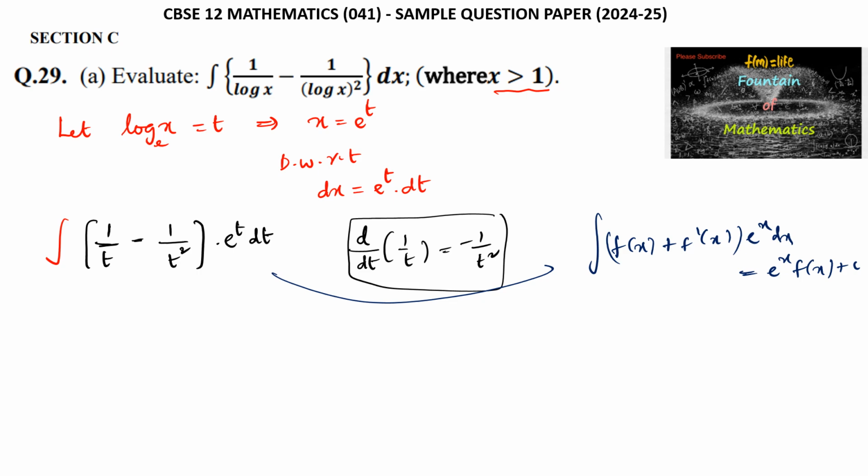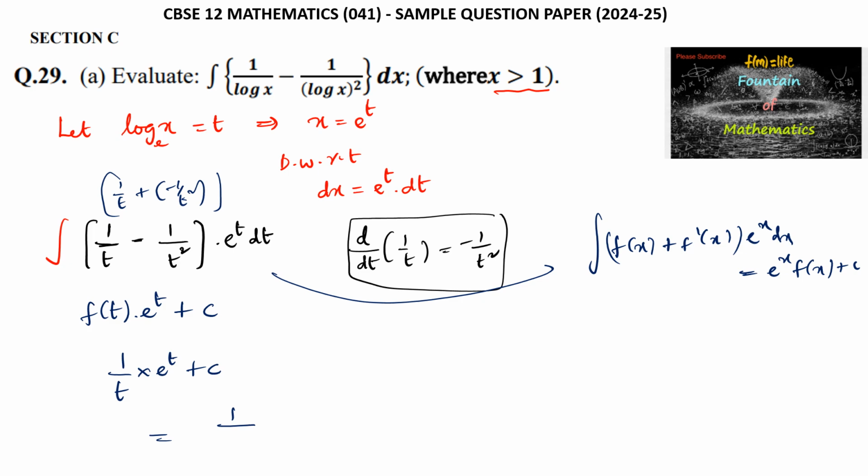So here it is in the form of f of t into e power t plus some constant, because the differentiation of 1 upon t is minus 1 by t square. So this can be written as 1 by t plus of minus 1 by t square, that is f plus f dash, into e power t. So we can write f of t, which is 1 by t, into e power t plus c.